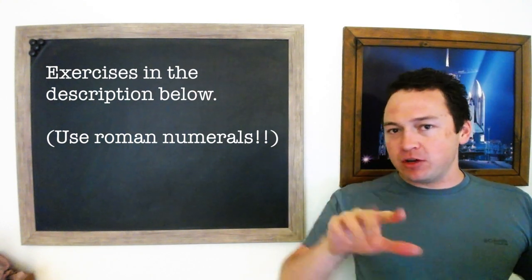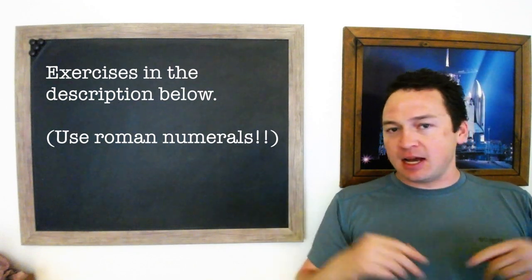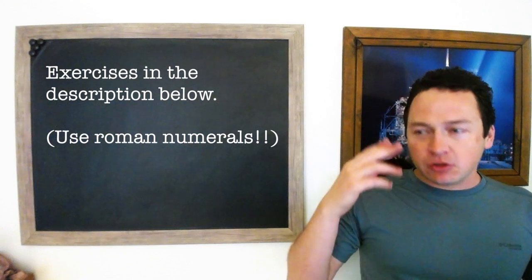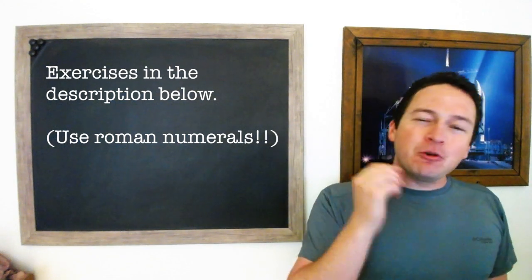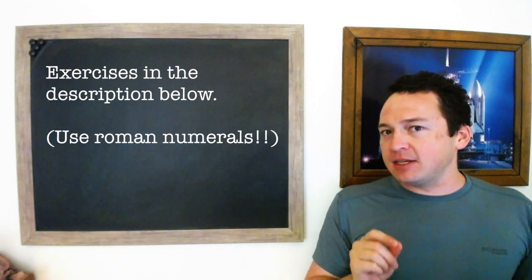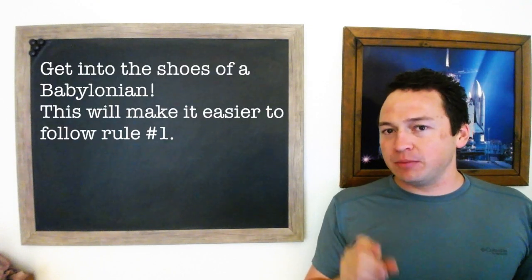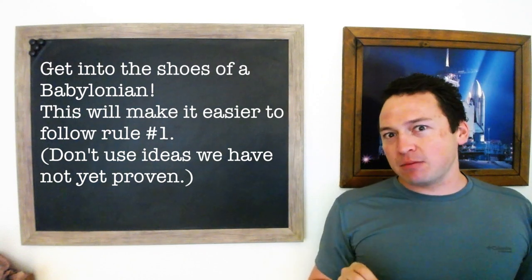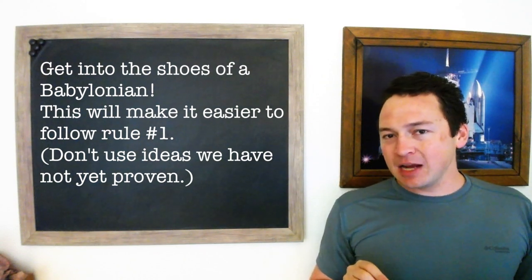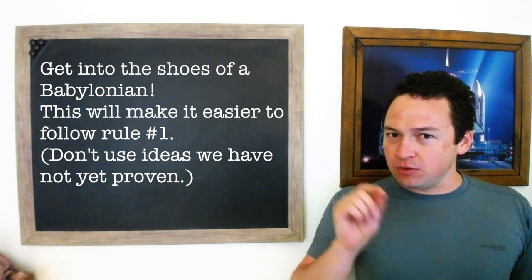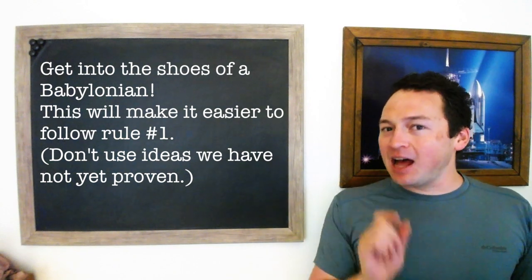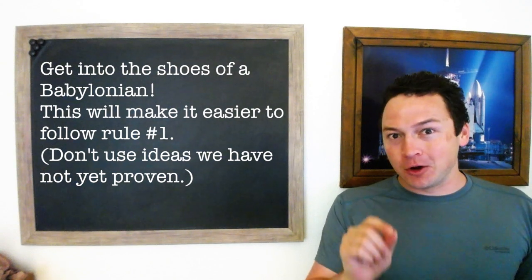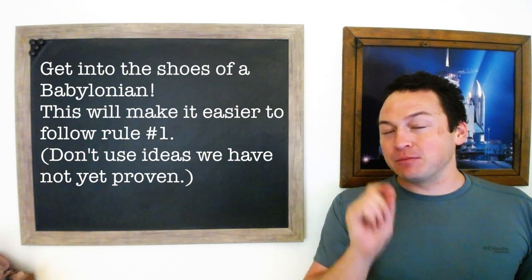Compress those 5 ones into a V, compress 2 V's into X's, etc. Do the whole shebang, do all of those exercises, and that'll get you thinking about Roman numerals, and that will put you in the context of someone in this situation. You'll be able to understand what it means for this to be your most advanced mathematical generalization. And that will enable you to continue on my journey with me and be logical each step of the way, never assuming things that you don't understand or you haven't proven yet.